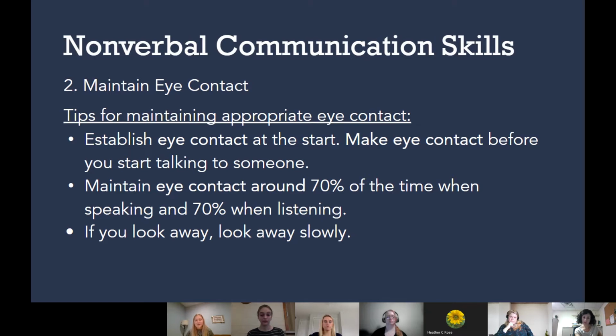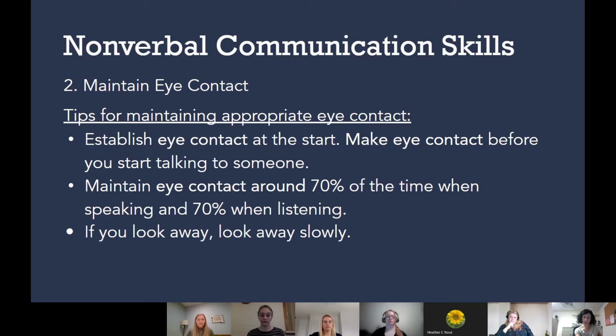It's important to establish eye contact at the start. When you first meet with your professor and you introduce yourself, it's important to make that eye contact with your professor. Generally, maintaining eye contact around 70% of the time when speaking and when listening is beneficial.